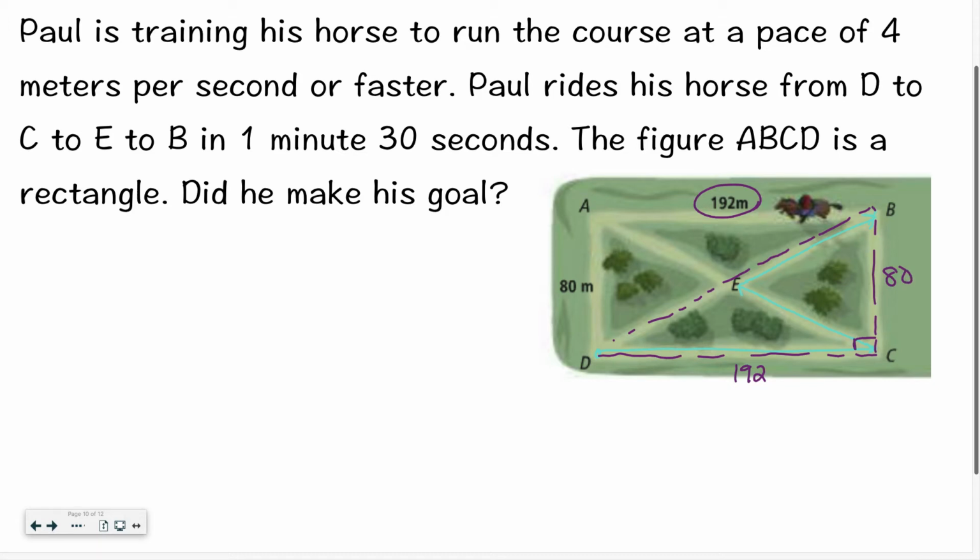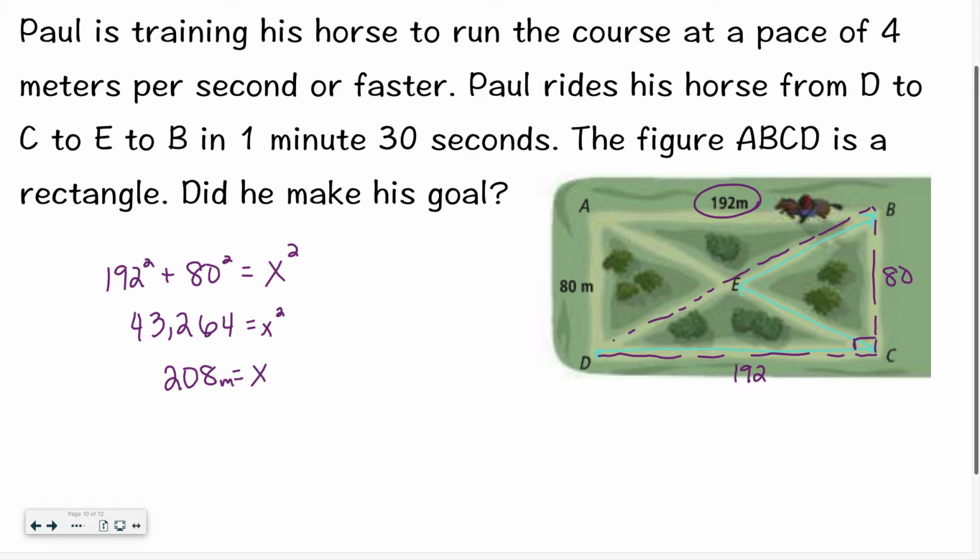So I have 192 squared plus 80 squared equals that diagonal squared. So if I do 192 squared plus 80 squared, I get 43,264 equals x squared. If I take the square root of both sides, I'm left with 208 equals x. So my whole diagonal, that whole purple line, is 208 meters.